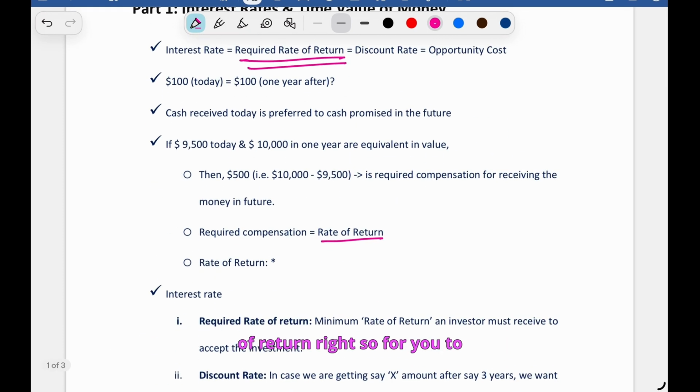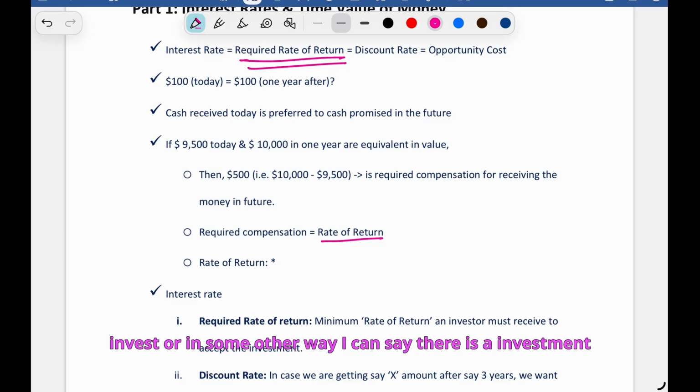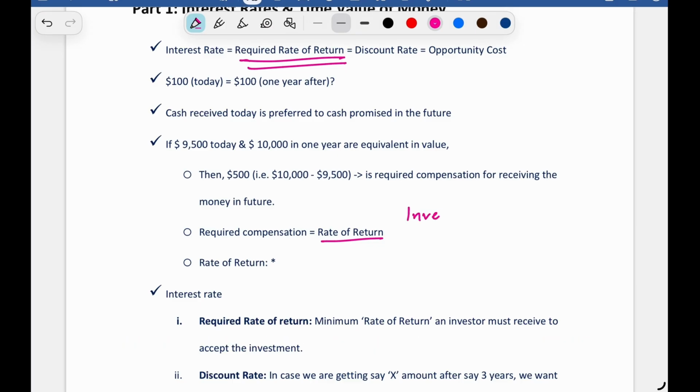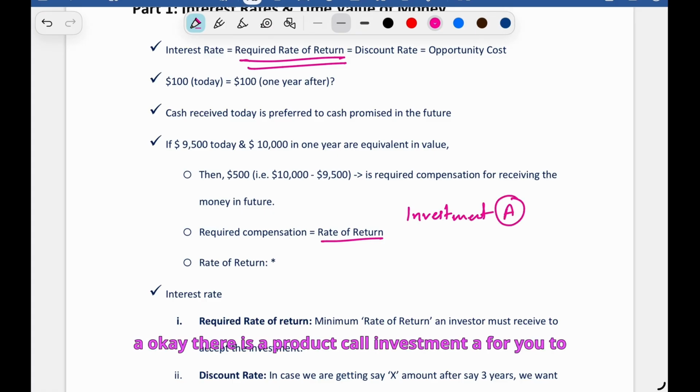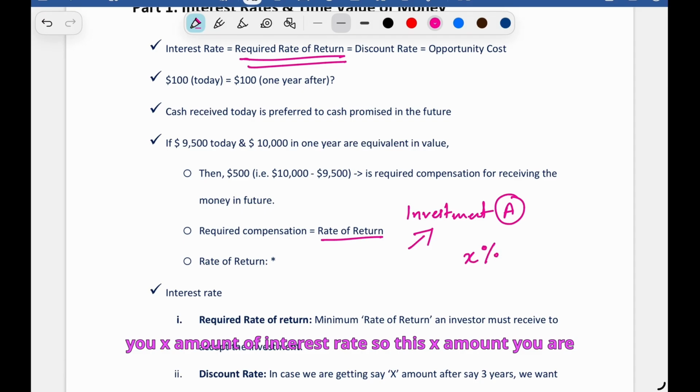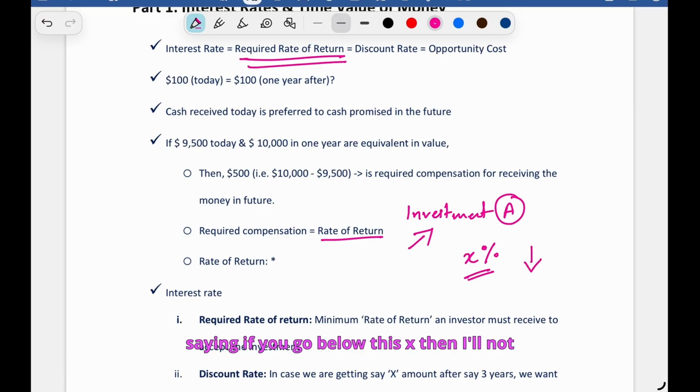So for you to invest, or in some other way, I can say there is a product called investment A. For you to invest in this investment A, I need to give you X amount of interest rate. So this X amount, you are saying if you go below this X, then I'll not invest.